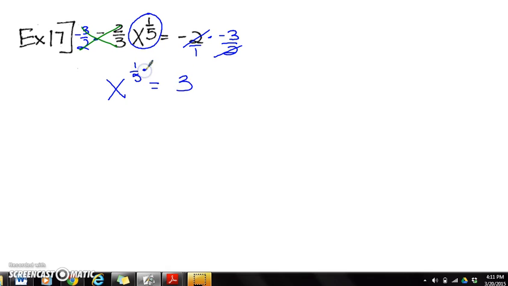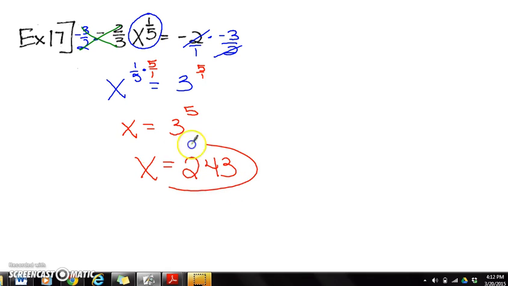So we raise each side to the 5/1. And really, do we need that one? No, you essentially have x equals 3 to the 5th. Well, 3 to the 5th power, which we just did last problem, is 243.